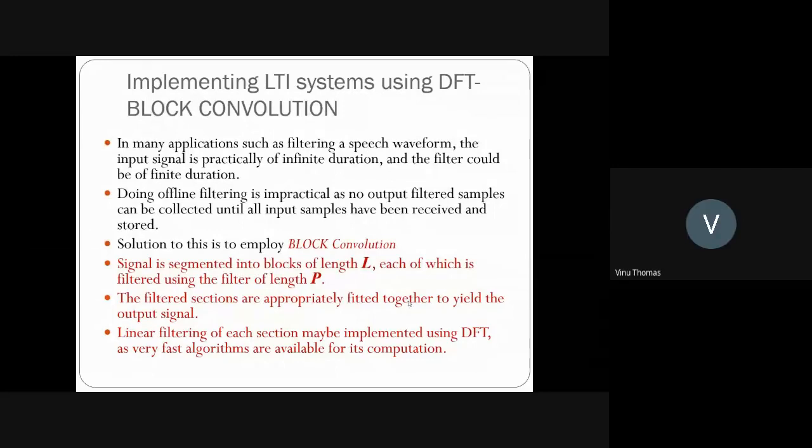A linear system should obey linearity. Linearity means there is some theorem associated with it: the superposition theorem, which means the system should obey additivity and homogeneity.